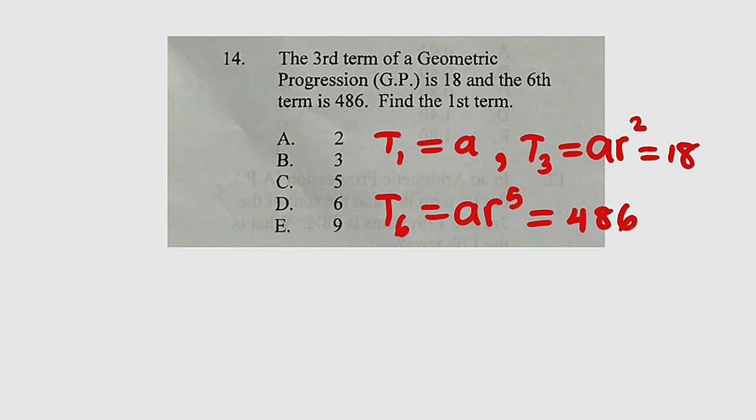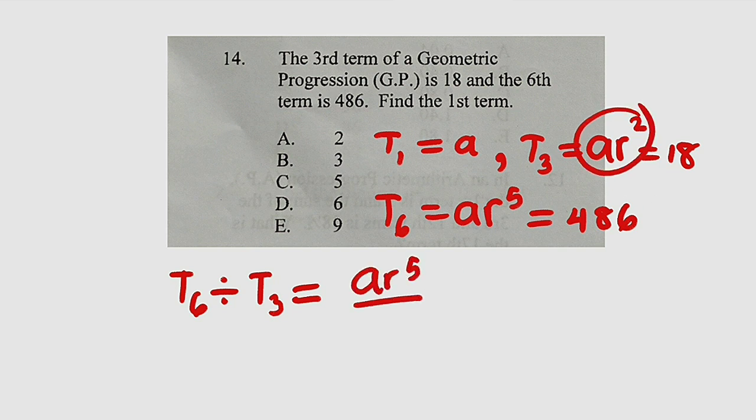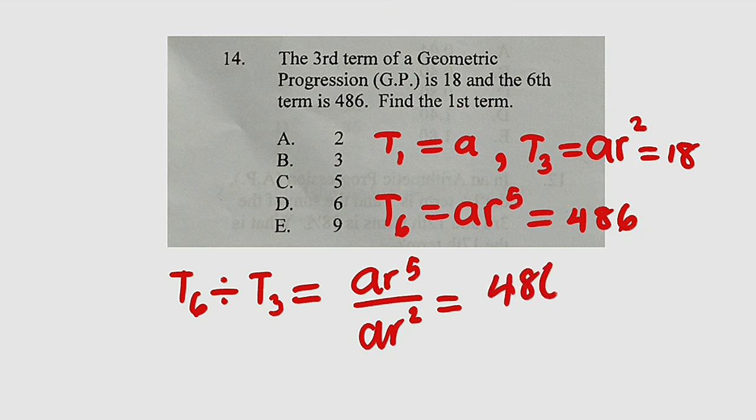All right, I would like to divide term number 6 by term number 3. And this is equal to, on the left hand side, AR to the fifth power divided by AR squared. This is equal to, on the right hand side, term number 6 is 486, and term number 3 is 18.